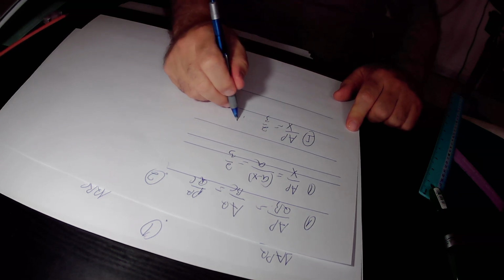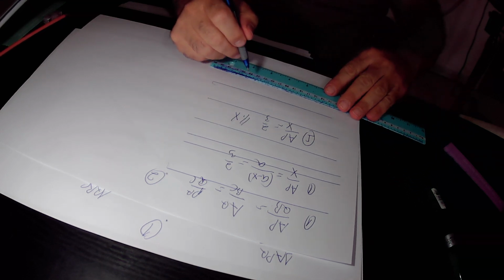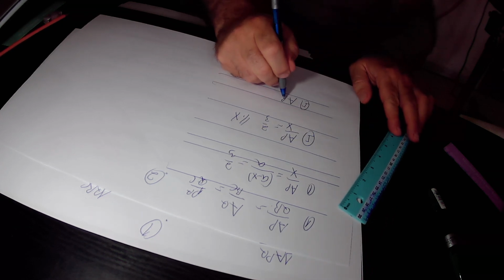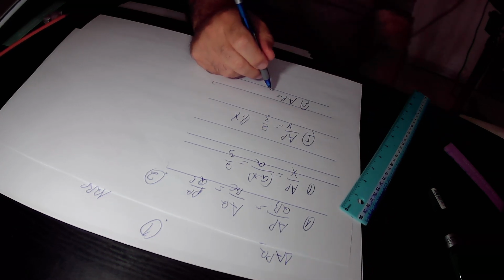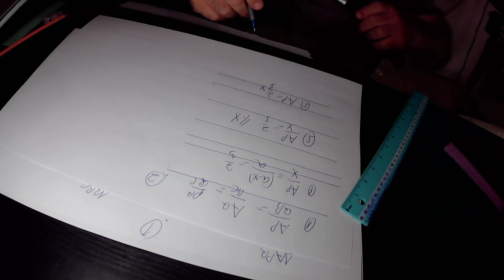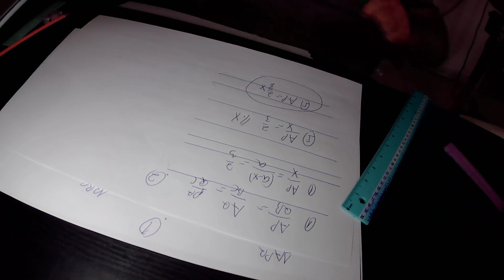Here we multiply the equation by X, and we get that according to equation 1, AP equals 2/3 times X. Actually, we found out that according to equation 1, AP equals 2/3 X.